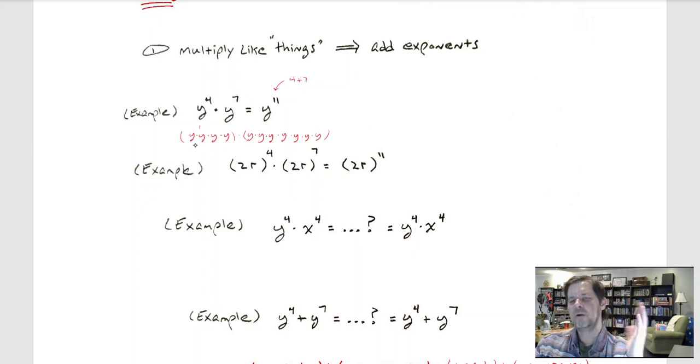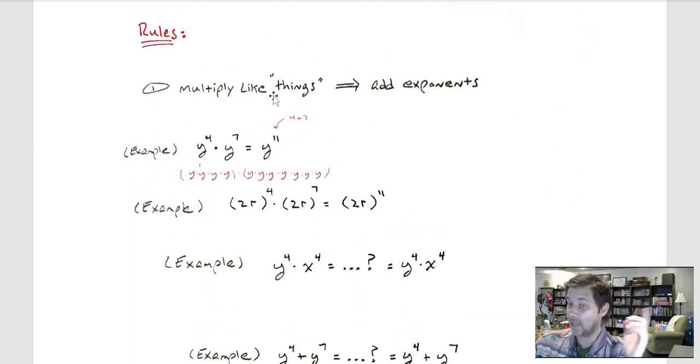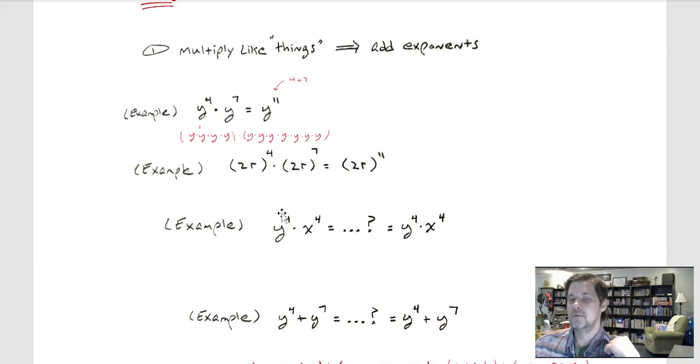Now, I won't prove the answer to every problem. I'm mainly mentioning this to say that it's possible to figure things out for yourself. If you forget the rule, if you get a little confused, you can do that. Now, this rule applies anytime you multiply like things, whether those things are a y and another y, or 2r.